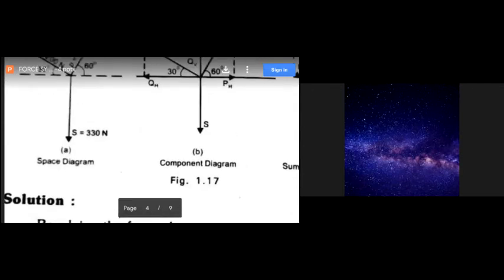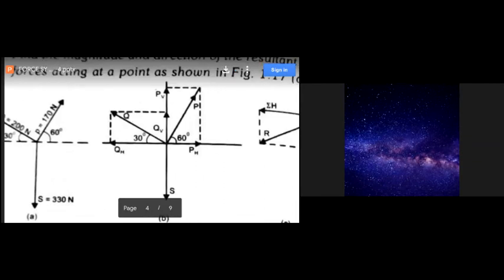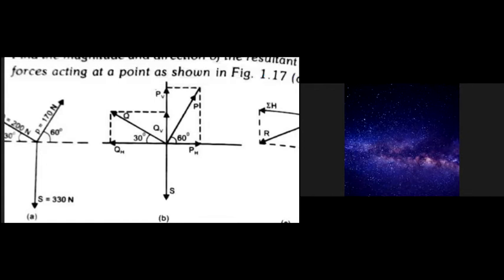So this is the given diagram and we have to resolve like this. PH and PV are the horizontal and vertical components of P, and similarly QH and QV are the horizontal and vertical components of Q, and S is acting vertically downwards, so its horizontal component is 0.